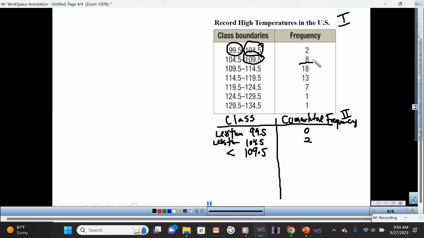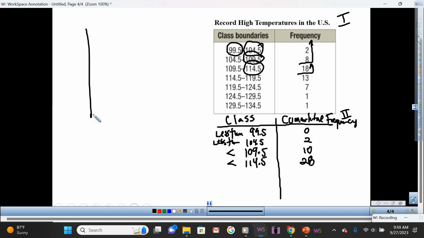So we're here, and down, the frequency is what? 10. That's why it's known as cumulative. Hold on, a couple more. Next one. 114.5 less than. What would be the frequency for all of that, everyone? 28, and so on and so forth.